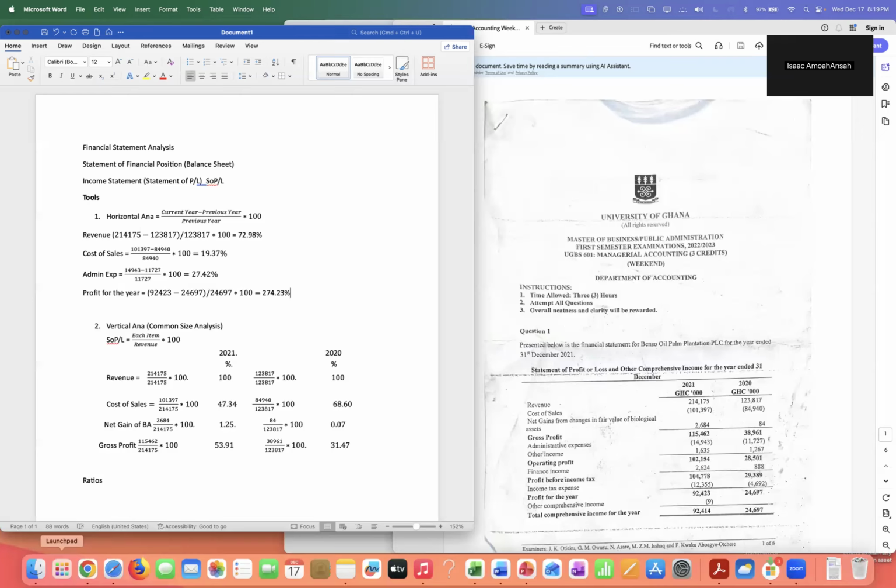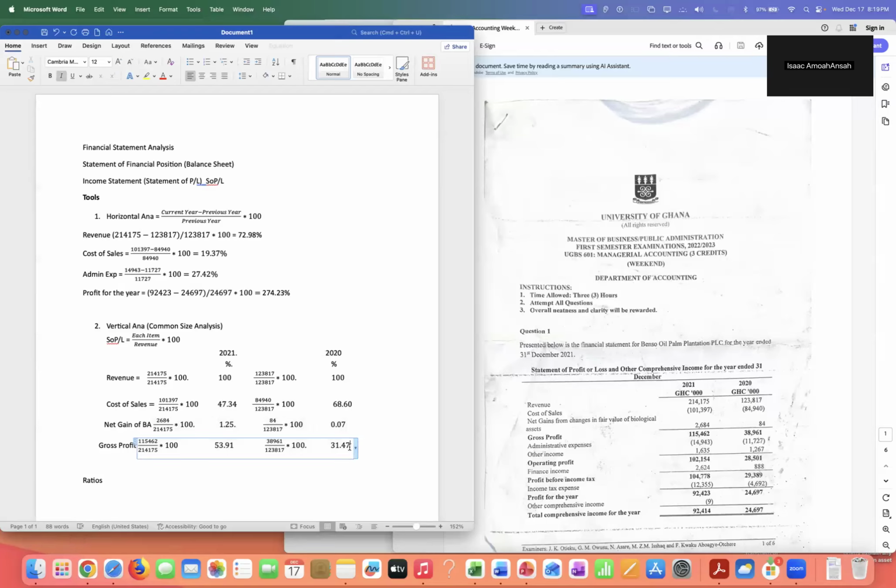Is that okay? So someone will say that whilst the firm was able to keep 53.91% of its total revenue as gross profit in 2021, which is higher than the past year, which retained only 31.47%. Right. There is 31.46.